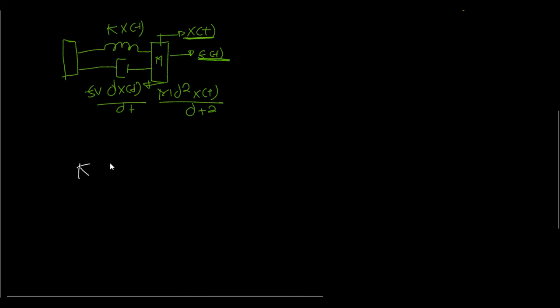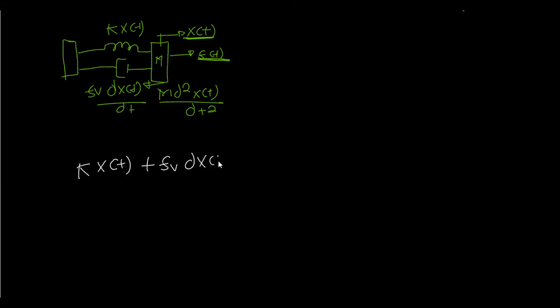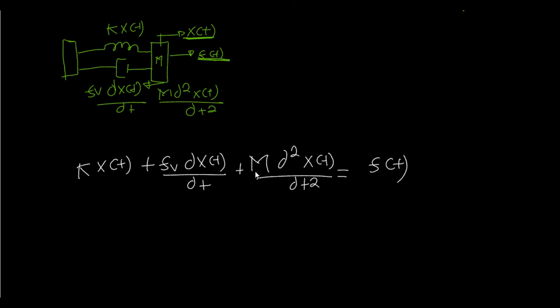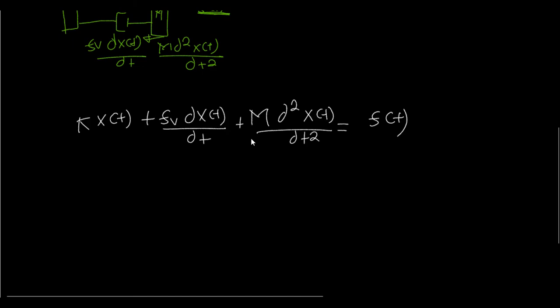So, Kx of t plus Fv dx of t over dt plus m d squared x of t over dt squared equals dun sa opposite force niya, which is isa lang naman. Or sorry, yung input pala natin na force.